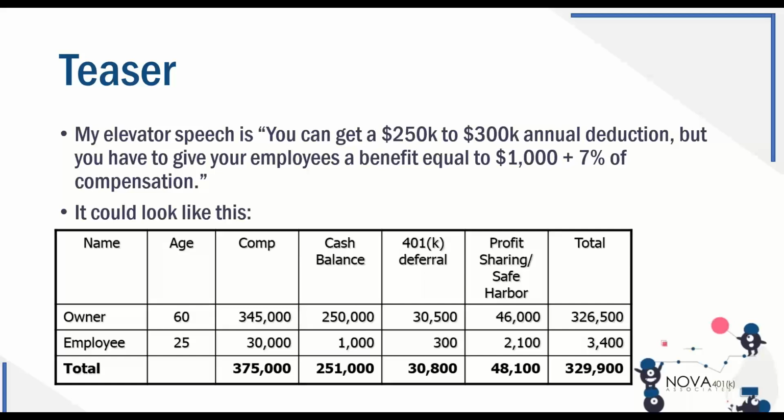We could put in place a cash balance benefit of $250,000. They could make their full deferrals and the full maximum profit sharing and get a deduction of $326,500 while giving their staff just the amount shown here.